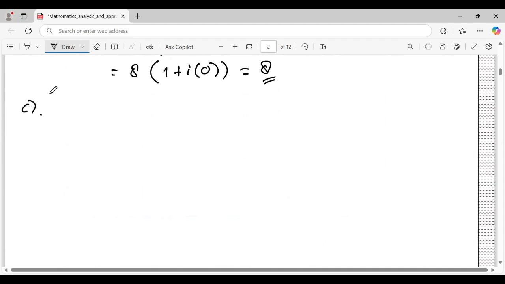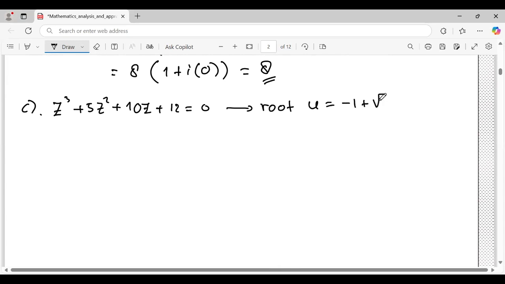Let's see. The equation z cubed plus 5z squared plus 10z plus 12 equals 0. According to the information, one of the roots is u equals minus 1 plus square root 3 i.